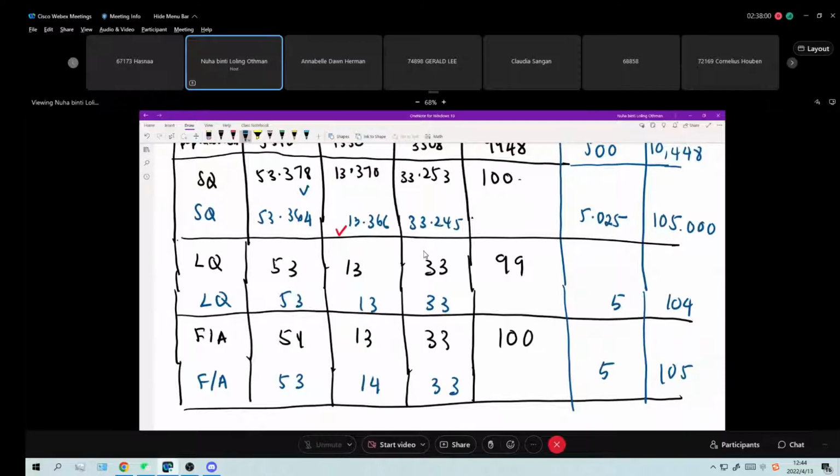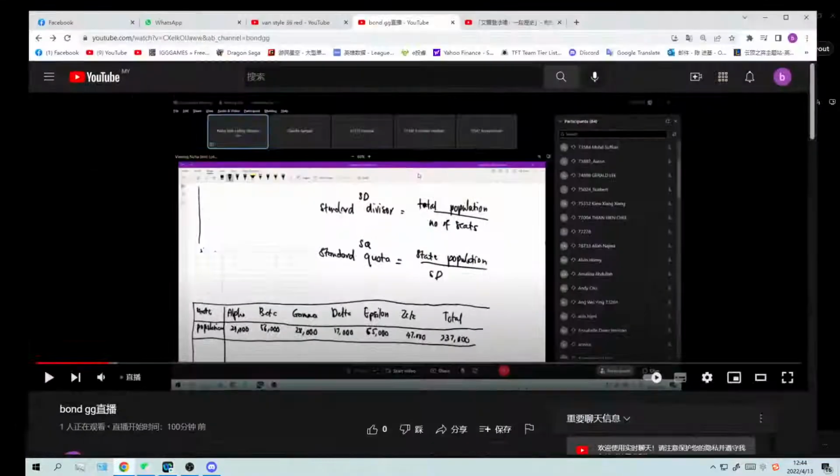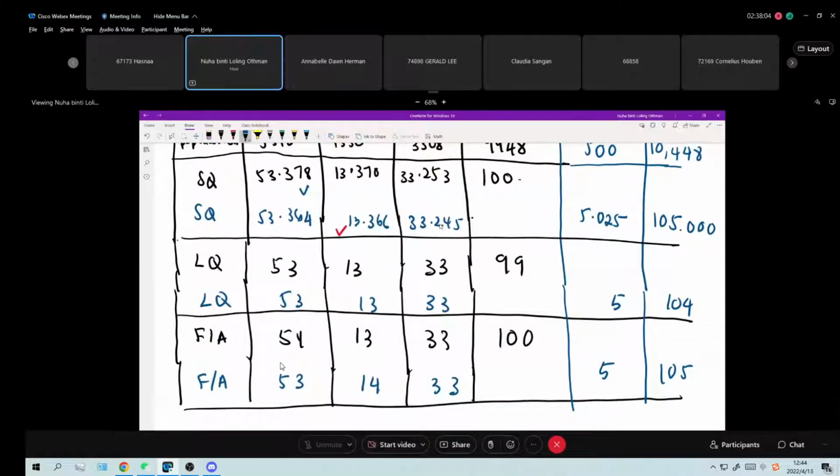So here, if you compare with the original one, and the population also, of course district A has the biggest population, 5,310, so it gets more representatives than B. So 54 seats, then 13, then 33.